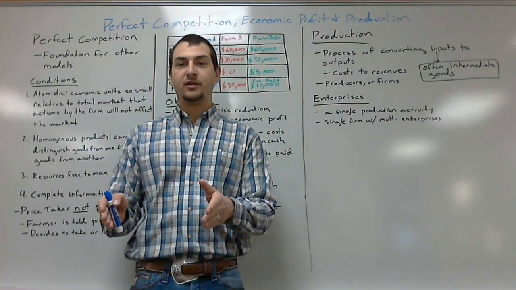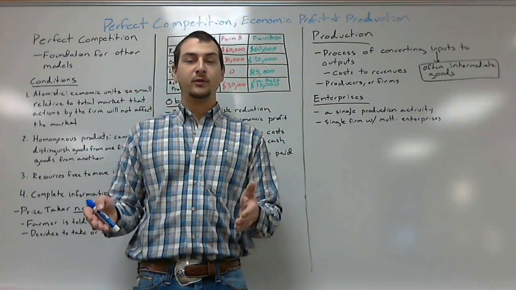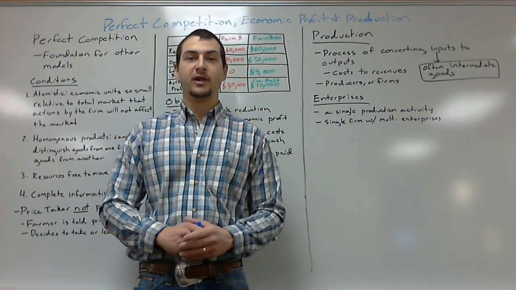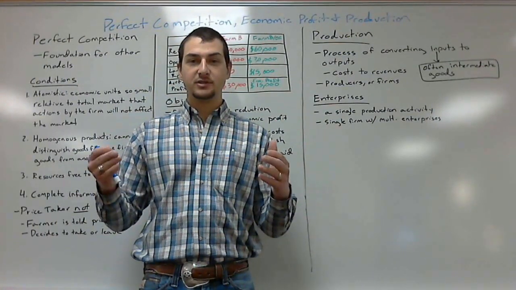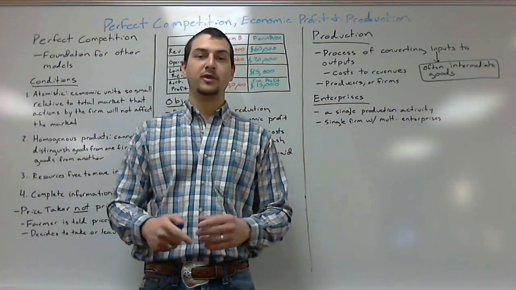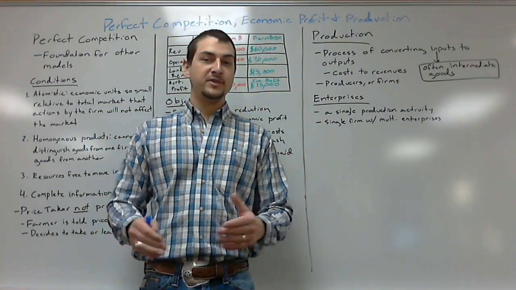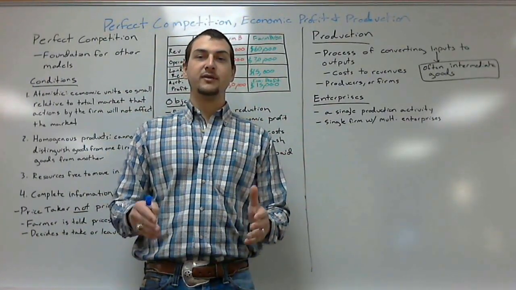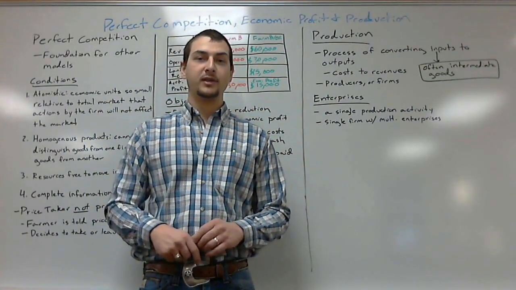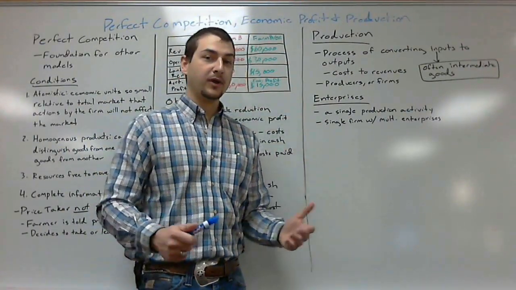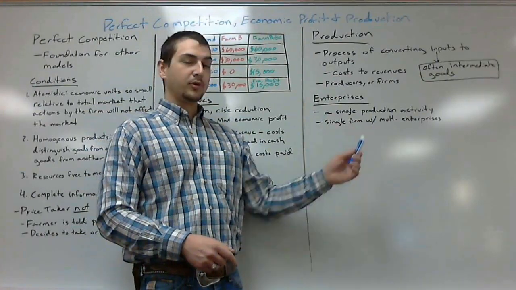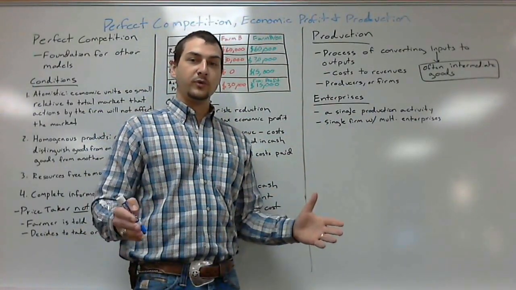But what if we looked at the alfalfa, and we figured out that we're actually losing money on alfalfa, and it would be cheaper just to buy the alfalfa rather than to produce it? Well, that can reveal some economic or business pitfalls and allow us to really evaluate whether what we're doing is the right thing. So an enterprise is basically a single production activity within a firm.